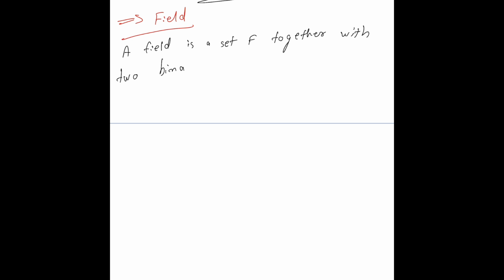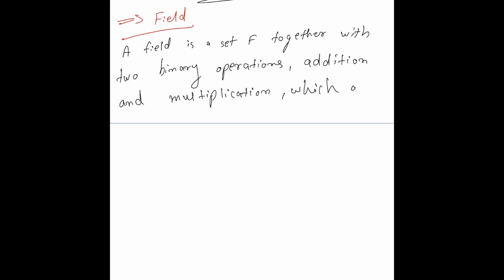Addition and multiplication, which are required to satisfy the following field axioms. Axioms are things for which we don't have proofs, but they hold.